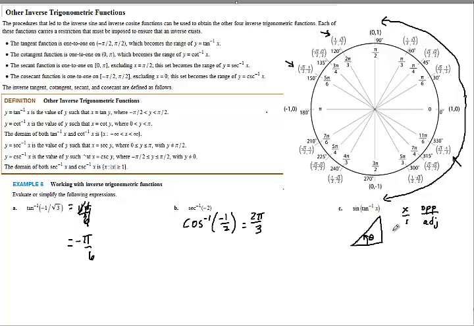Opposite is x, adjacent is 1. Following the Pythagorean theorem, a squared plus b squared equals c squared, x squared plus 1 squared equals c squared. Means this guy right here is going to be the square root of x squared plus 1.